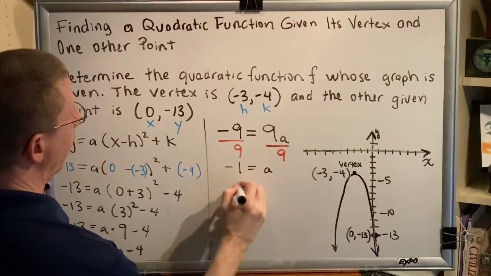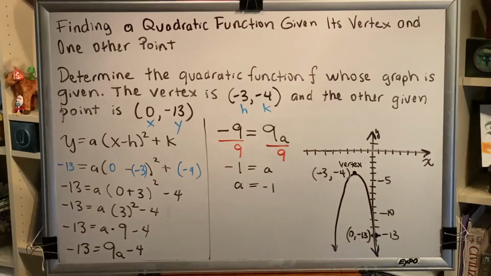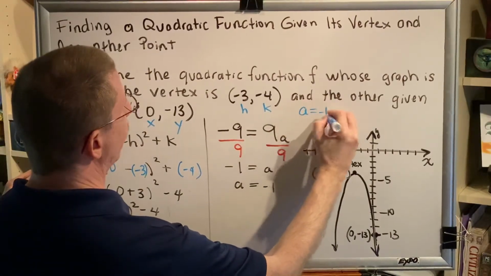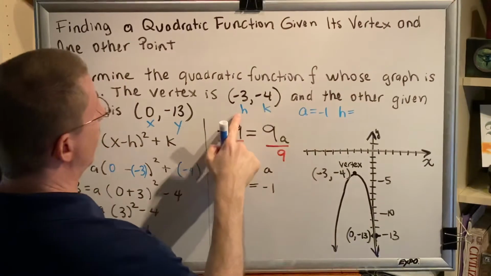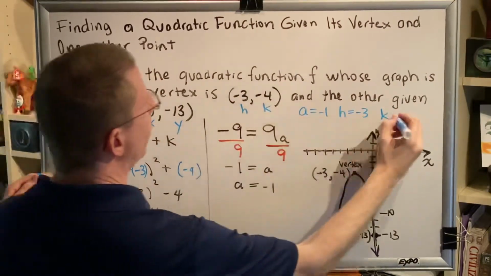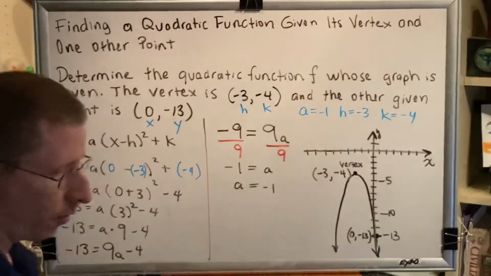Or if you prefer, a equals -1. So now we know the values of a, h, and k. a equals -1. h is given in the problem as -3. k is given in the problem as -4. This allows us to now move on to step 3.